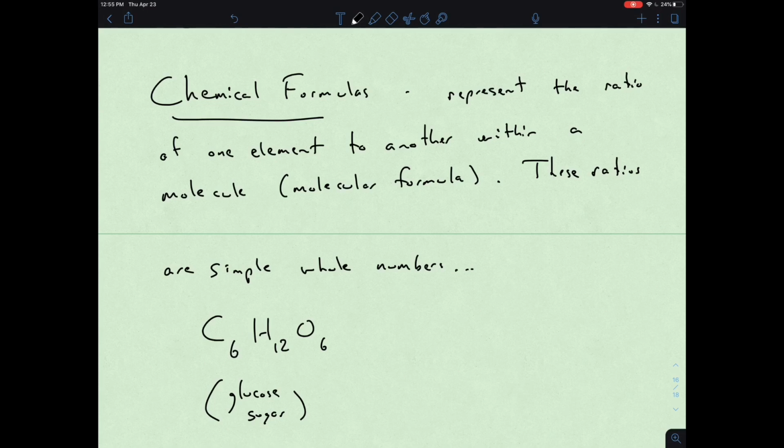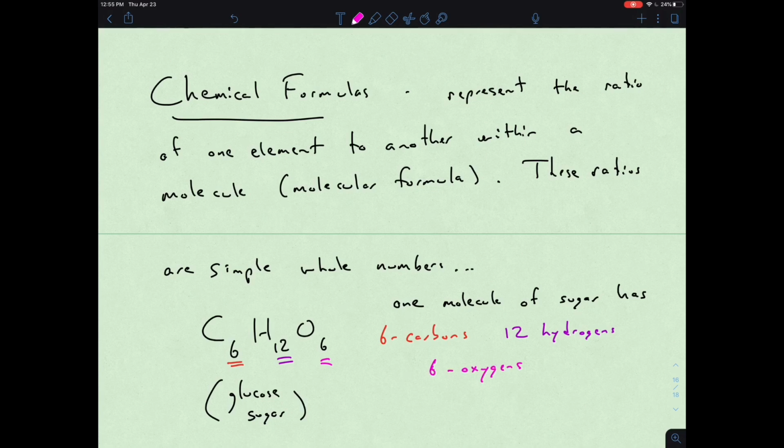And so from this we could say that one molecule of sugar has basically 6 carbons, 12 hydrogens, and 6 oxygens. That's all within that one molecule.